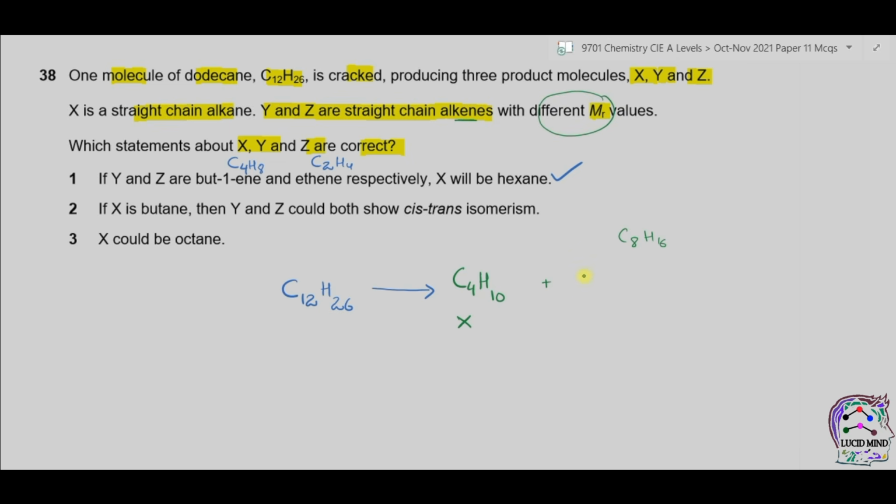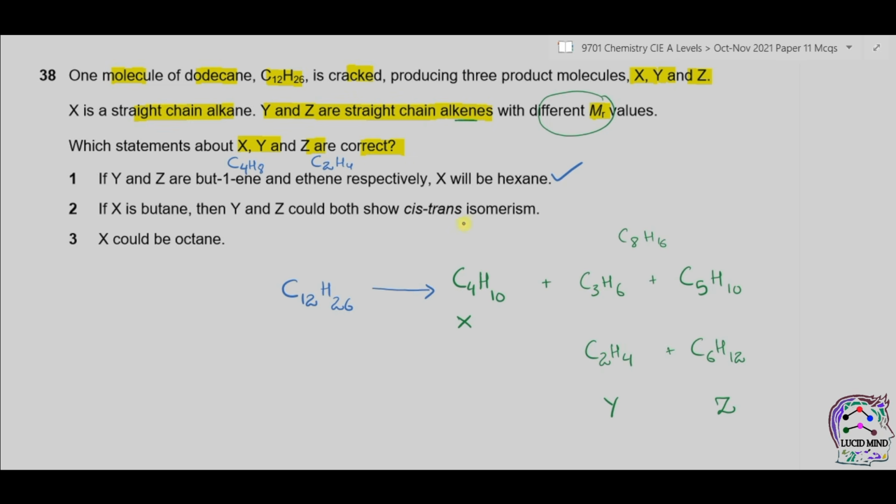So we can make one as a 3 carbon alkene, C3H6, and the second will be C5H10. Or we can also divide this so that we have a 2 carbon alkene, C2H4, and a 6 carbon alkene on the other side. These are Y alkenes and this is the Z alkene.